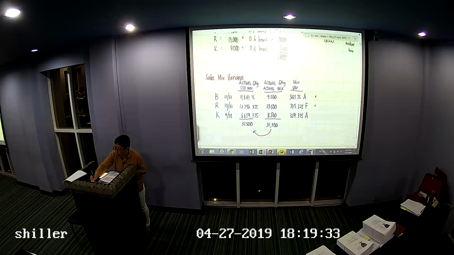Now, remember, what do you multiply it with? Not with selling price, but standard profit, because this is sales volume. Sales volume is already either using profit if it's absorption, contribution if it is marginal costing. But in this problem, it says they are using absorption costing. Okay? So, what was the profit again? 4, 3, and 5. So your sales mix variance therefore is how much?